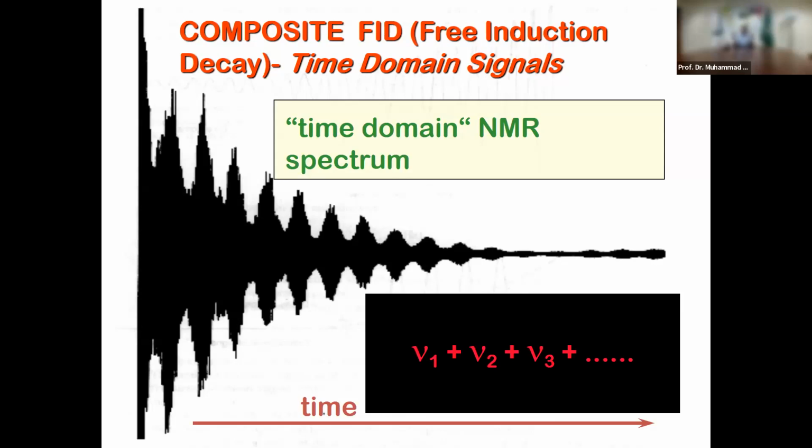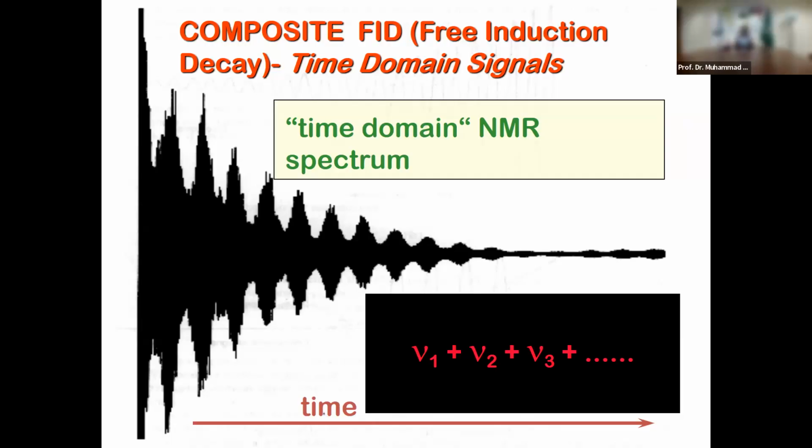You see this time scale in which these resonance frequencies, or Larmor frequencies, eventually go down and relaxation takes place. During this process of relaxation, free induction decays are recorded by the detector.